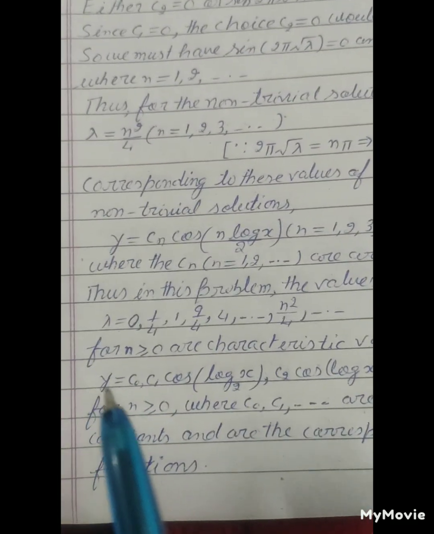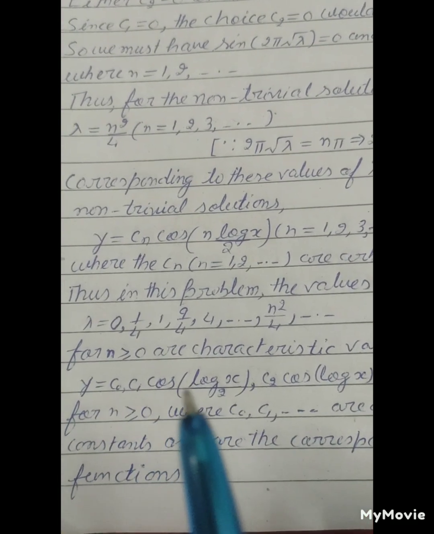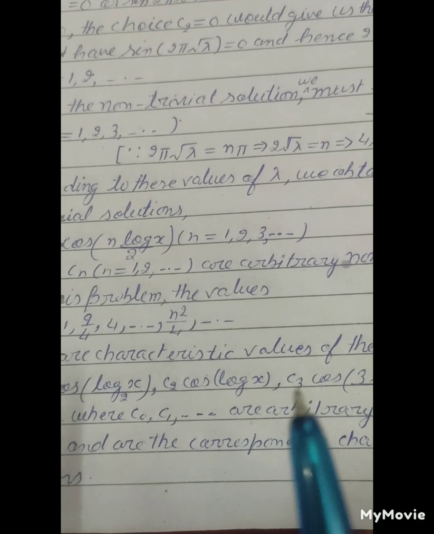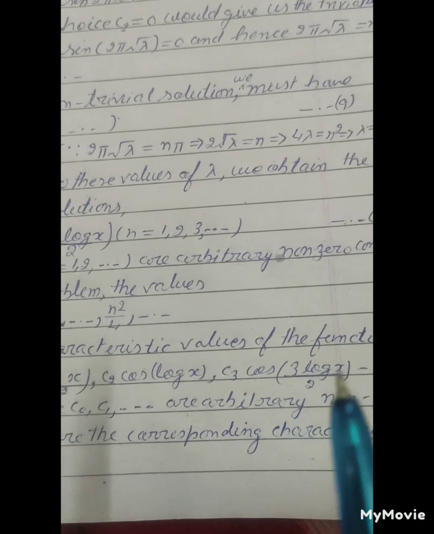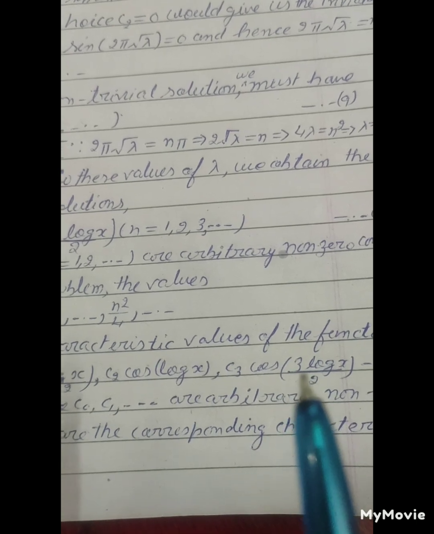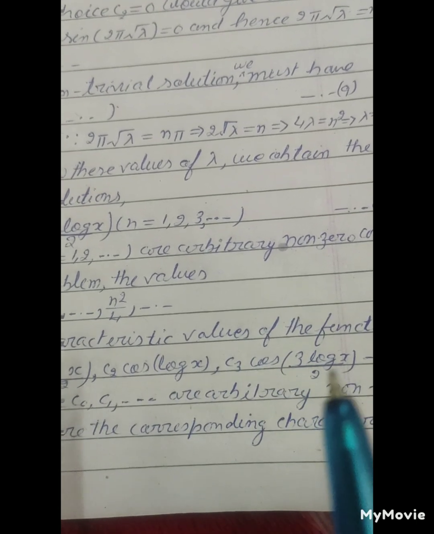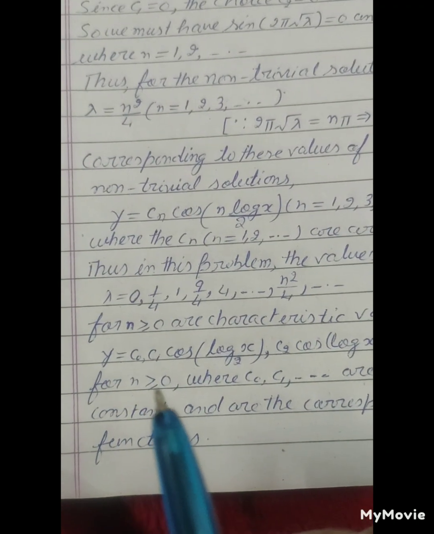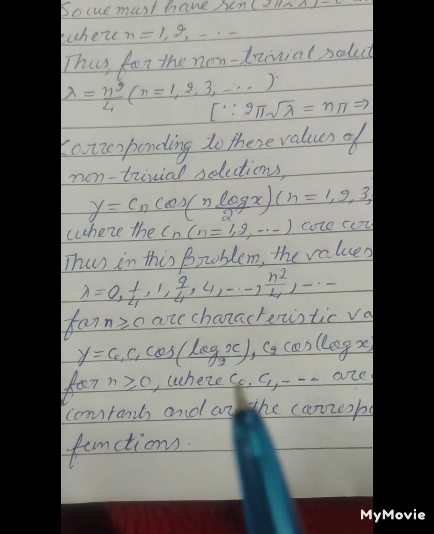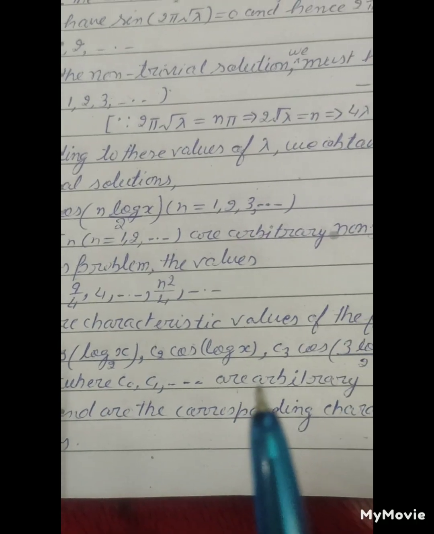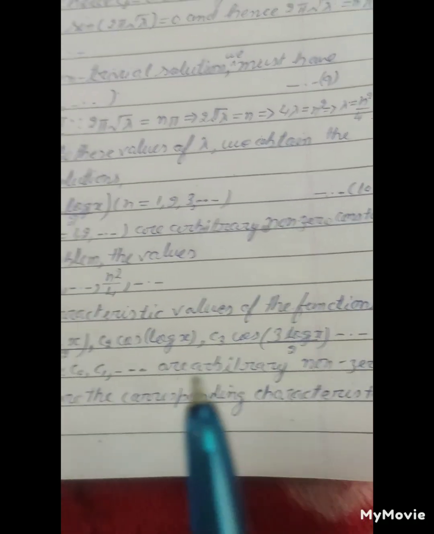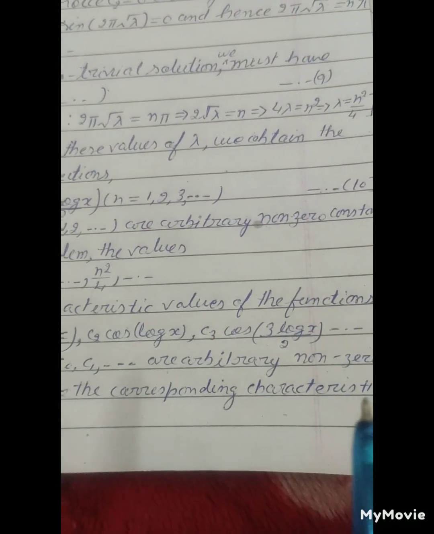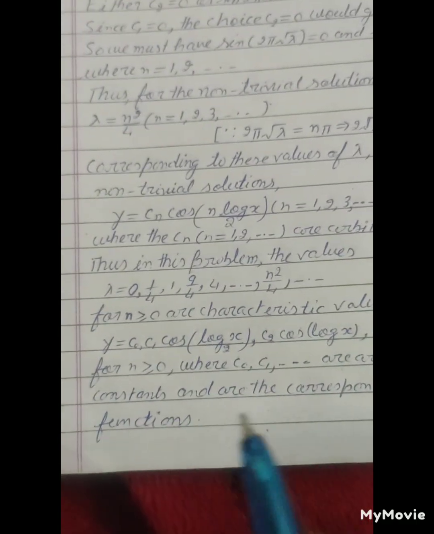The functions y equals c0, c1 cos log of x upon 2, c2 cos log of x, c3 cos 3 log of x upon 2 and so on, for n greater than or equal to 0, where c0, c1 and so on are arbitrary non-zero constants, are the corresponding characteristic functions.